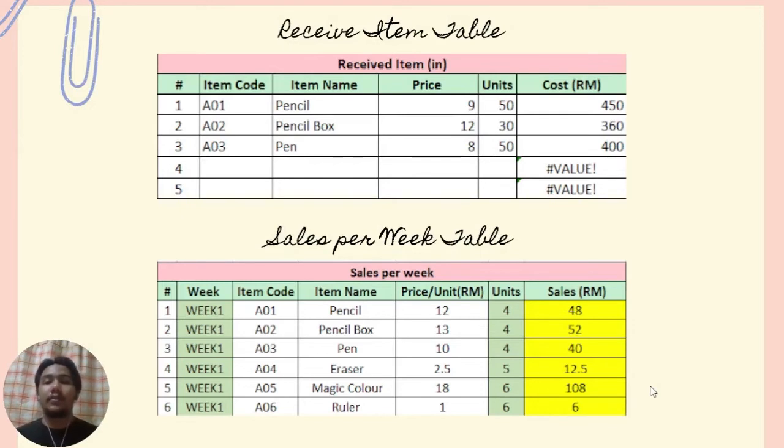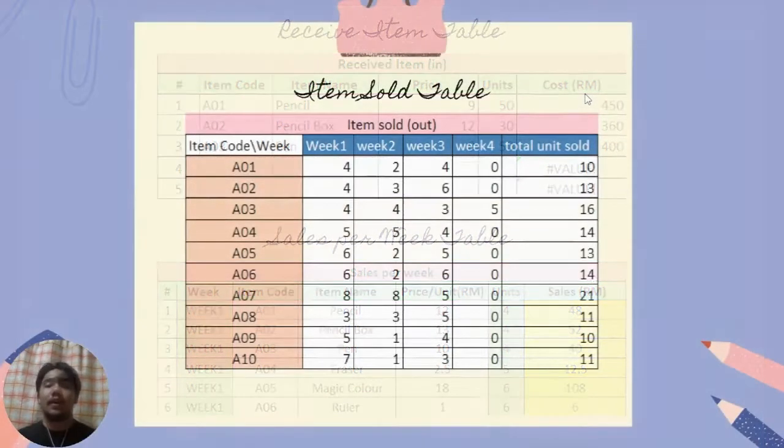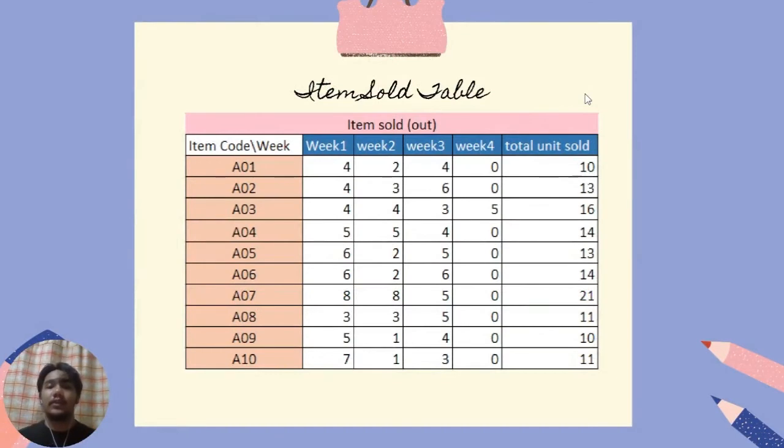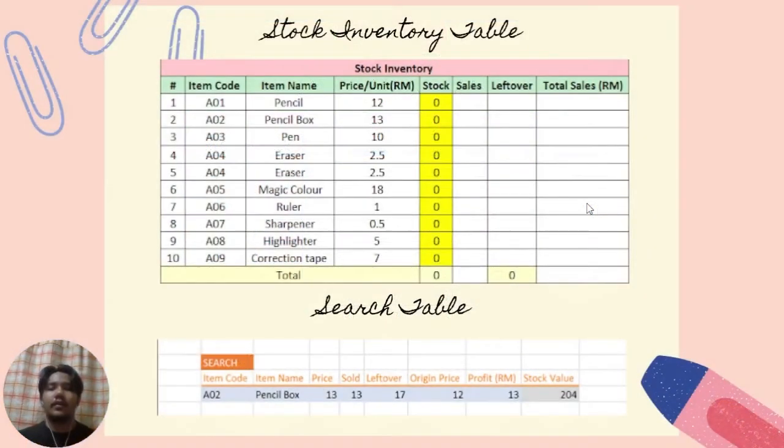And the next table is the sales per week table, which shows how many items were sold in 1 week in our store. The next table is the item sold table, which is the summary of the sales per week table. The next table is the stock table.